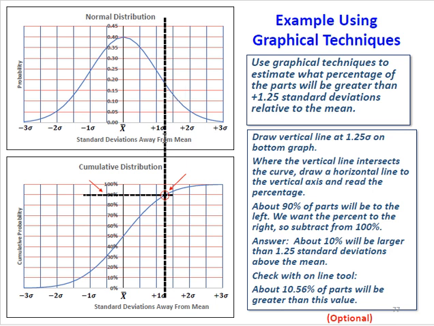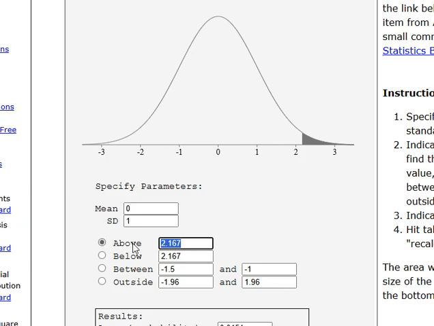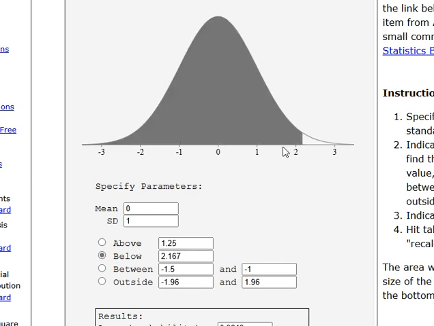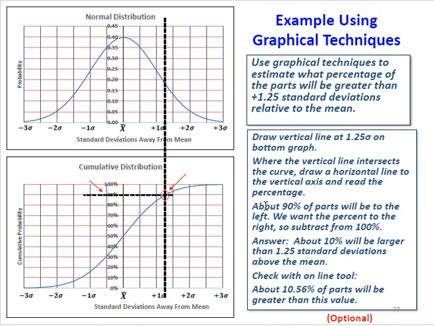Here, if you have 1.25 standard deviations, you can get it here. You can also put it into the online tool, 1.25. I just want it below. That is going to give you 98.49.